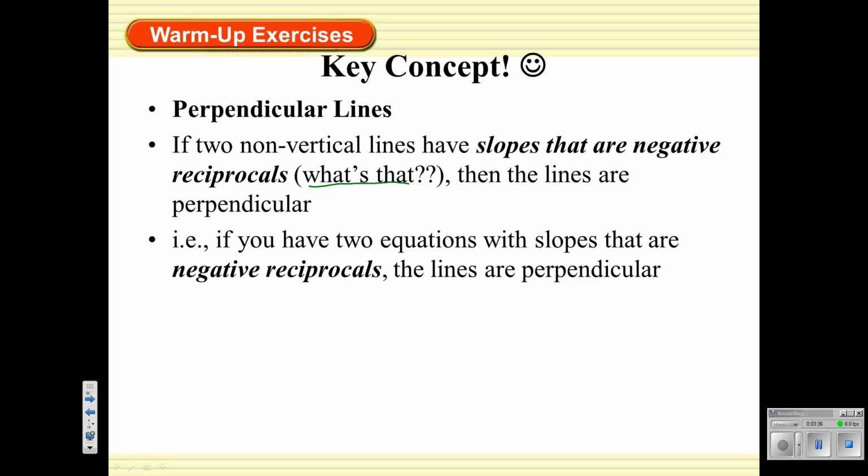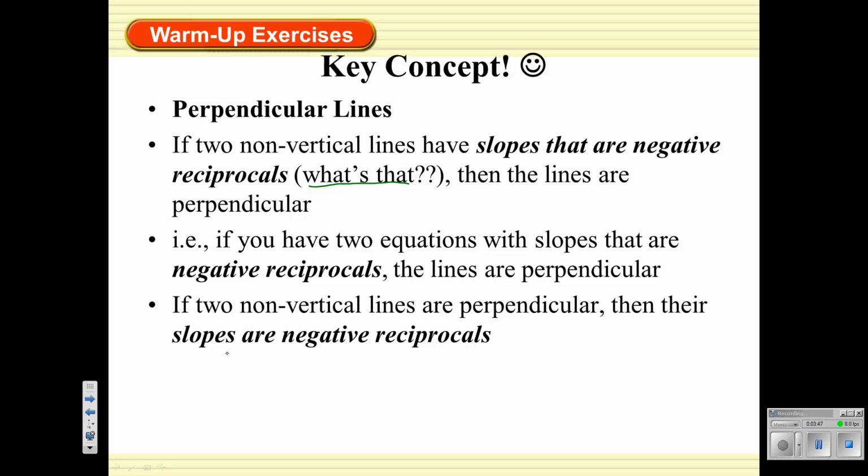In other words, if you have two equations with slopes that you discover are negative reciprocals, you know the lines are perpendicular. Also, if two non-vertical lines are perpendicular, then their slopes are negative reciprocals. Again, sounds the same as the first one, but it's changed around a little bit.